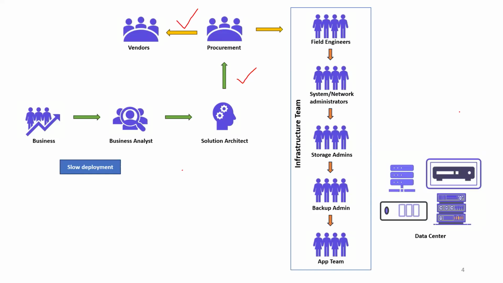So that is what I would say, that the infrastructure readiness is taking a lot of time for the application deployment. So that's the reason I call it a slow deployment model. The second thing I would say is that it is expensive.